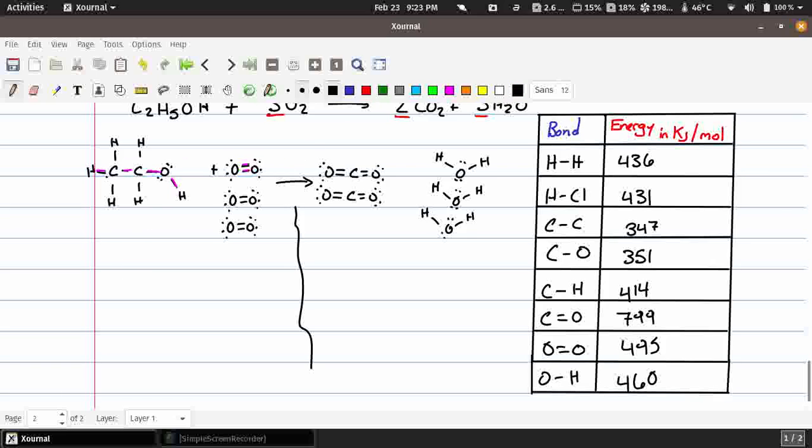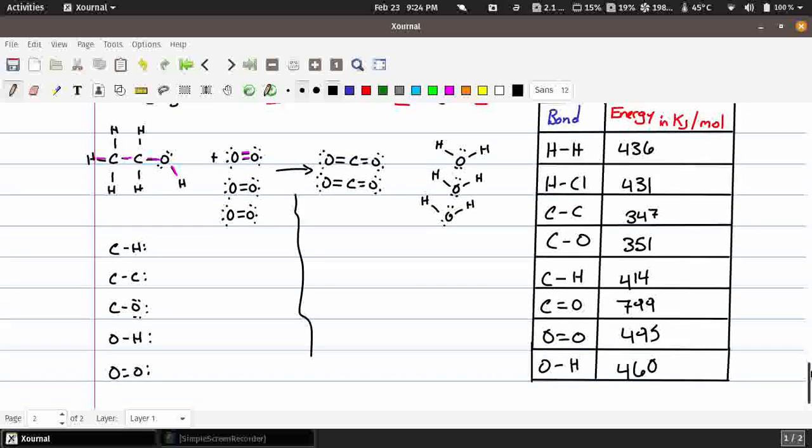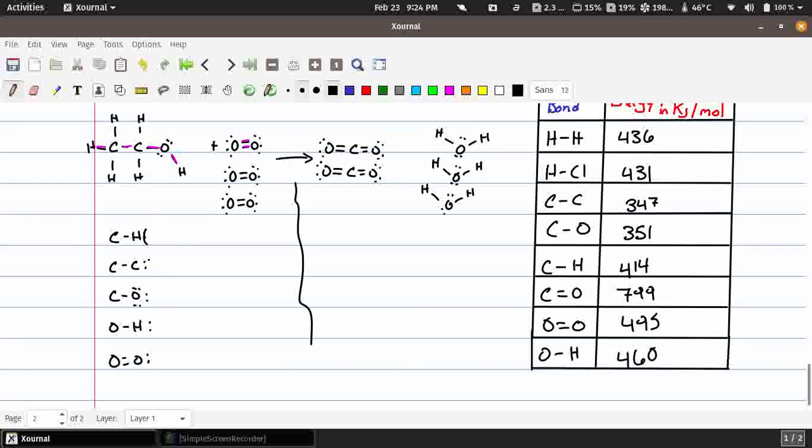So first things first, we have a CH, we have a CC, we have CO, and we have an OH, and we have O double bond O. Now, it probably makes more sense to use parentheses for this part since brackets could be confused for electrons.